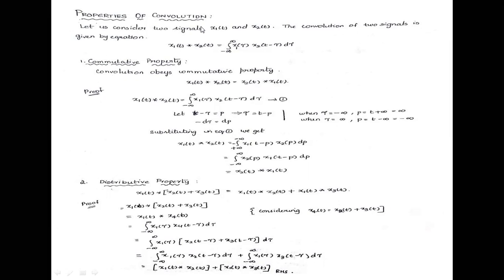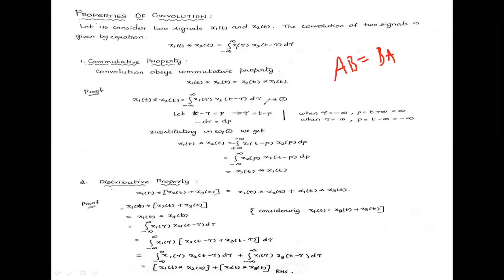We are saying convolution obeys the commutative property. X1 of t convolved with x2 of t is equal to x2 of t convolved with x1 of t. You know, convolution means AB is equal to BA, interchanging the two functions.